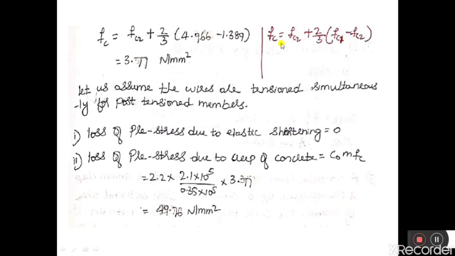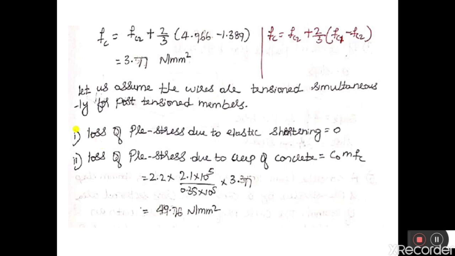You should remember this condition. Therefore Fc is equal to 3.77 Newton per mm square. So the resultant compressive stress in the concrete with respect to CG of tensioned steel is 3.77 Newton per mm square. Now let us calculate different losses.